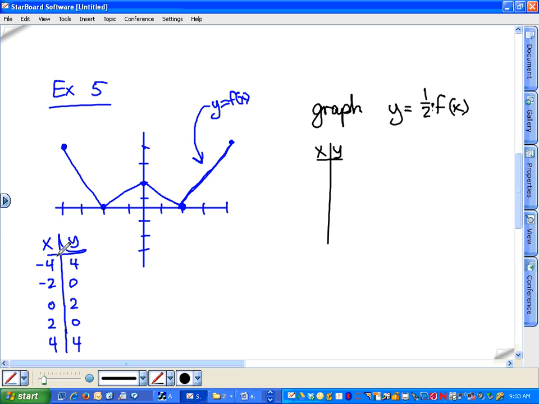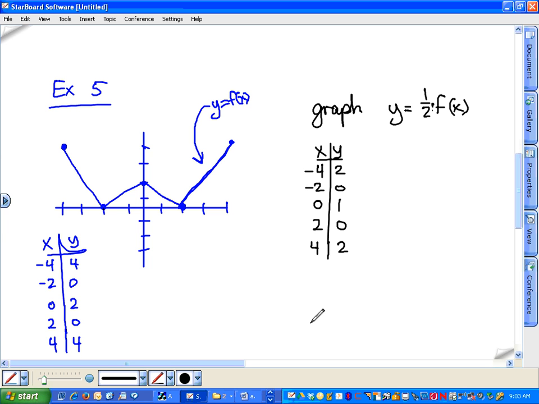So each of these points, their y values get affected. We divide them in half. So the first point becomes -4, 2, and then -2, 0, 0, 1, 2, 0, and last point becomes 4, 2.